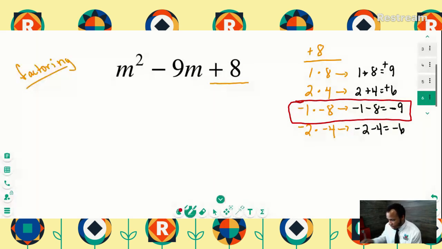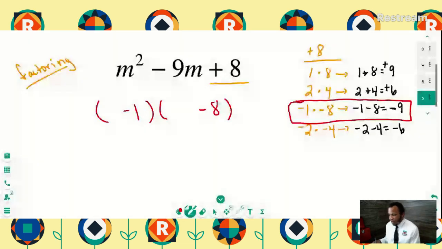So from here, we have our factors we'll be using, and we're going to set up 2 sets of parentheses. So first we have -1 here, and we have -8 here. Now you may have forgotten what goes in the front of the parentheses. Well, we have this m squared here.